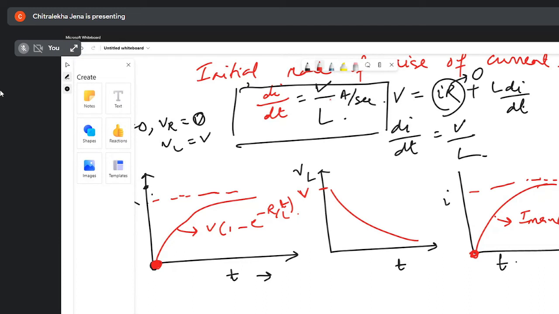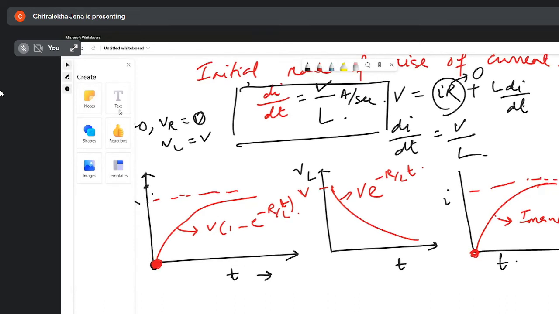I want the equation. V minus VR. Find the exponential equation. Ma'am, V minus VR. What V minus VR? You do it. So this equation: V e to the power minus RT by L, e to the power minus R by L into T. Okay, understood? That R by L into T. Okay, otherwise you will get confused.